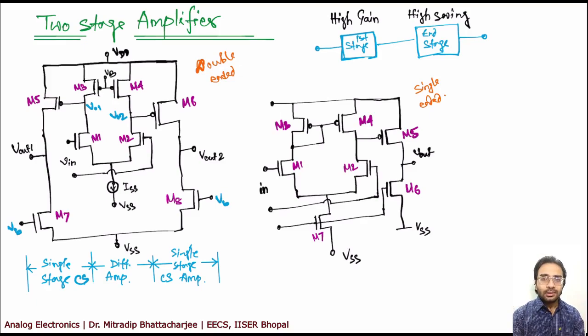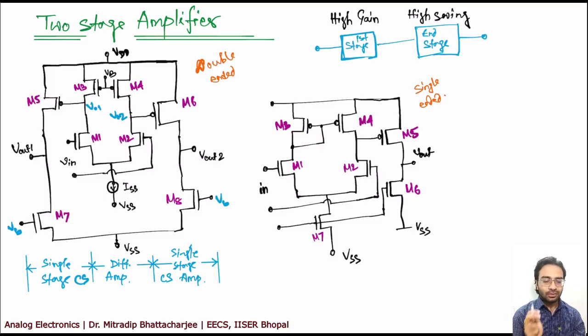When you say the operational amplifier is two-stage, I already said previously that operational amplifiers have three stages. First is the first stage gain, then you get the second stage high gain, then you get the buffer, right? But when I say two-stage amplifier, we generally don't consider the buffer.